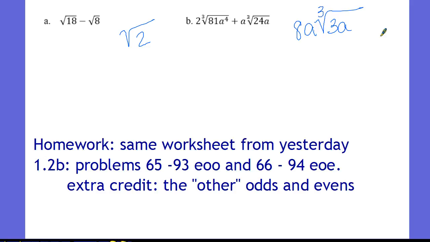So just start on 65, do a pair, skip a pair, do a pair, skip a pair. If you want to do them all, the other pairs are extra credit. So extra credit is the other odds and evens. That would be a total, I think, of 30 problems, which is a lot when it comes to these. They're pretty tedious, so I didn't want to give you a whole bunch to do.